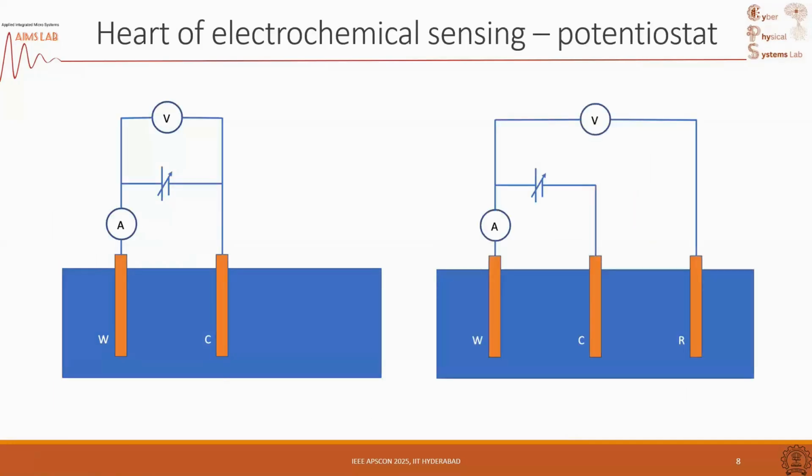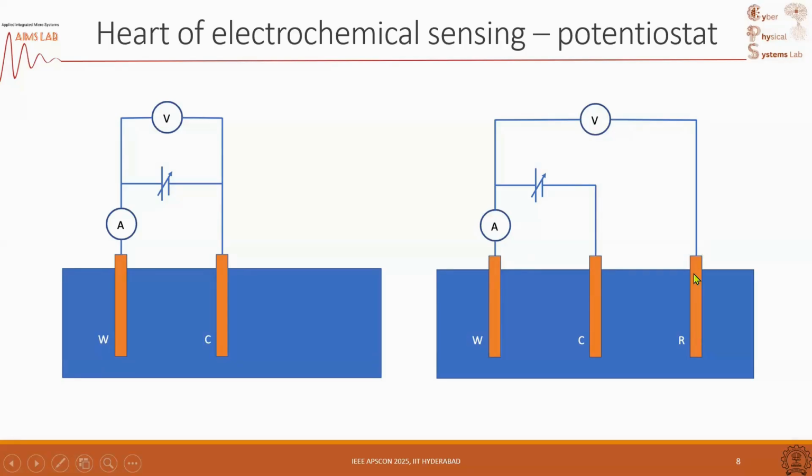I'll just quickly tell you what goes into electrochemical sensing. It's just a current versus voltage measurement like I showed in the earlier slide. But instead of what you would typically do, where you have the DUT, two electrodes, and you measure the current and vary the voltage, here you measure the current flowing through the working electrode, but you measure the potential of the working electrode relative to a reference electrode.